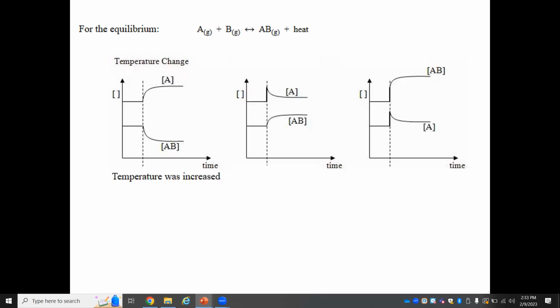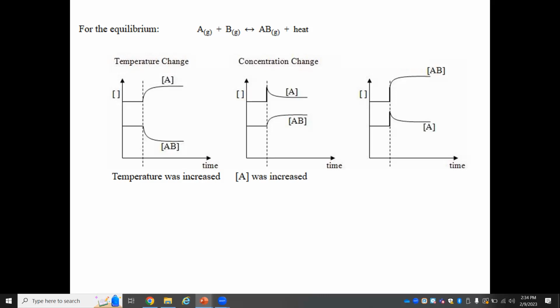The second graph, notice that A has like a sudden jump, whereas AB is just a gradual change. Anytime you have one substance that has a sudden jump, that is going to be a concentration change. So here we increased A, and then they both reestablished equilibrium. So one substance has a sudden jump, the other is a gradual change.